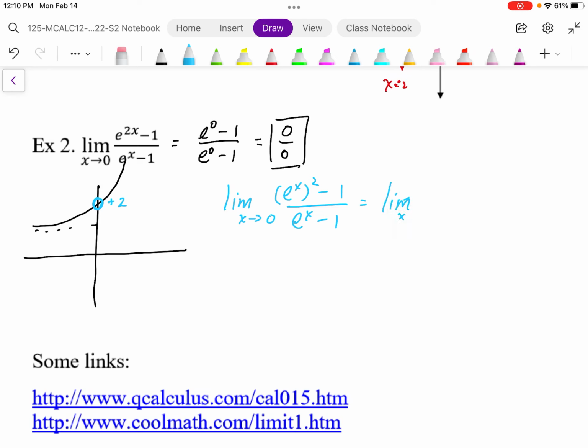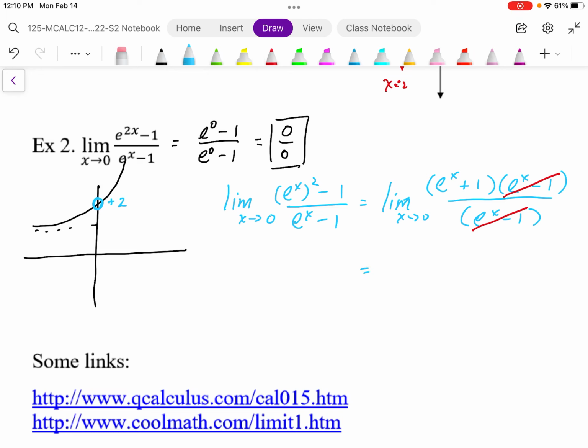The limit as x approaches 0 is really e to the x plus 1, times e to the x minus 1, all over e to the x minus 1. That e to the x minus 1 is what was generating the divide by 0. If I can get rid of that divide by 0, I can now evaluate this limit.